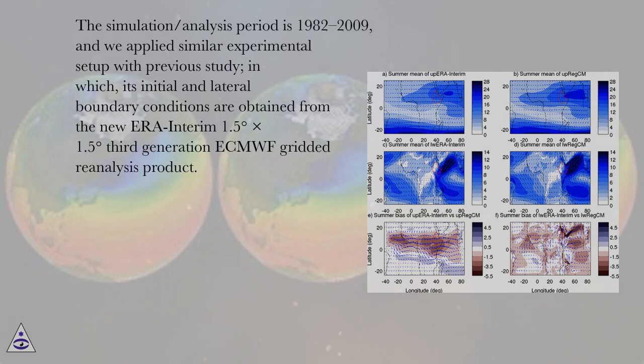The simulation/analysis period is 1982 to 2009, and we applied a similar experimental setup to the previous study, in which the initial and lateral boundary conditions are obtained from the new ERA-Interim 1.5 degrees by 1.5 degrees third generation ECMWF gridded reanalysis product.